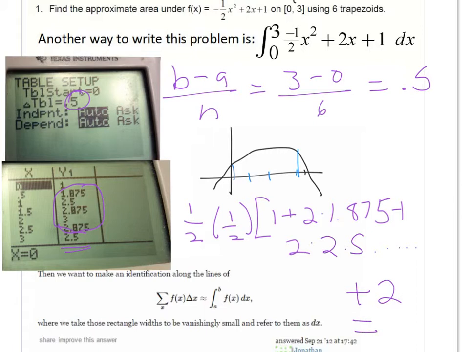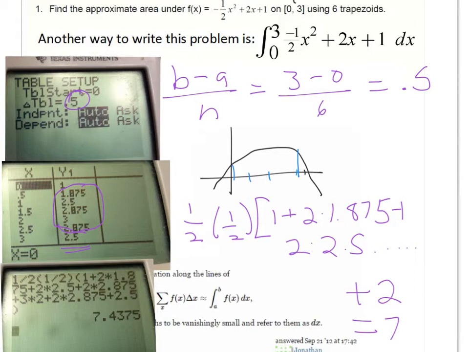When I add all of that together, I get 7.3, sorry, not 3, 7.43. Here, I'll show you. Now we can see that I added it all up on my calculator. And there is the area under my piece of a parabola between 0 and 3 using 6 trapezoids.